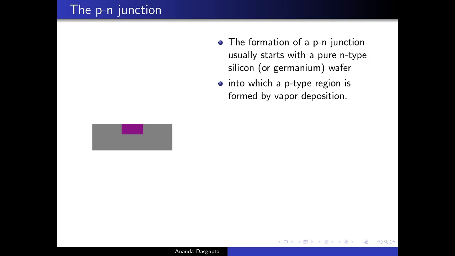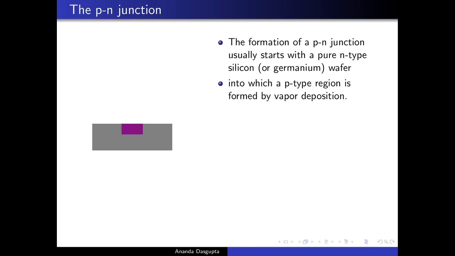You need the gaps to be near zero at even the atomic level, and that requires a huge amount of precision, which would make the whole process extremely expensive. So nobody really produces p-n junctions the way we are going to describe next.